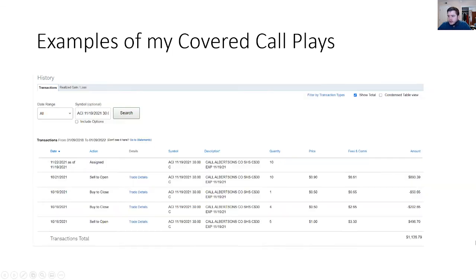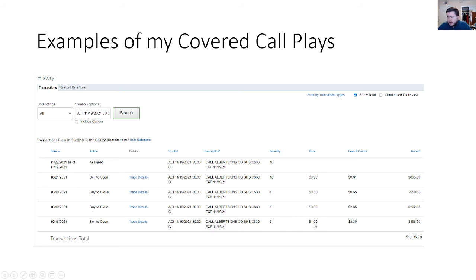All right, now this next one here is for Alpersons. I did make actually quite a bit of money on covered call options for Alpersons in this time period. It looks like $1,136. So the first thing I did here, if we go back chronologically, I wrote 5 call options, strike price $30, expiration November 19th, 2021.